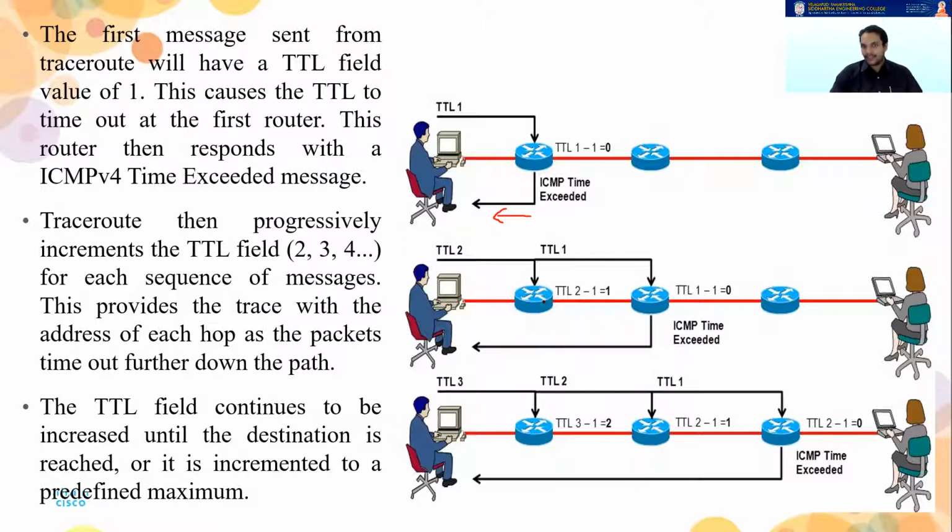So I will know that this is the first router on the path and this is the second router on the path. Similarly, I keep on incrementing the TTL field 1, 2, 3, 4, 5, 6 till I reach my destination. Each time it reaches a new hop on the path, the TTL counter decrements, and if it reaches 0, I get the ICMP time exceeded message. So I'll have that information.